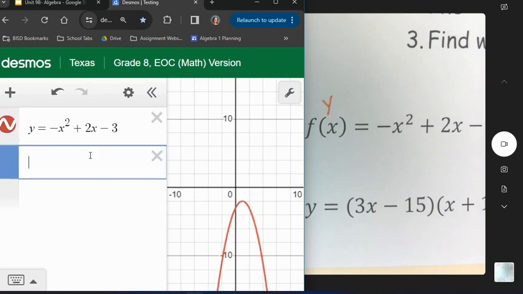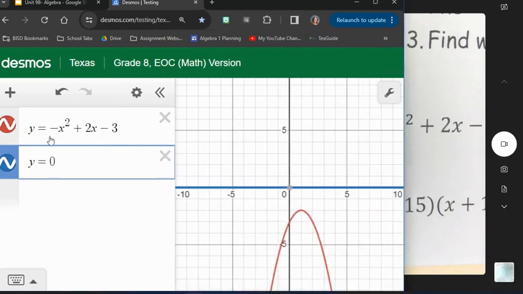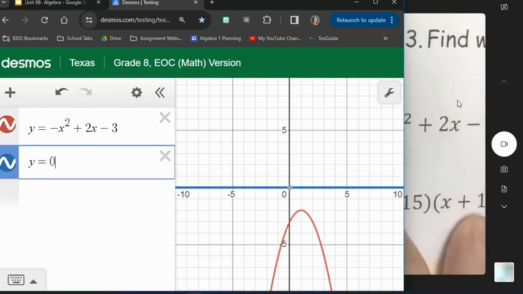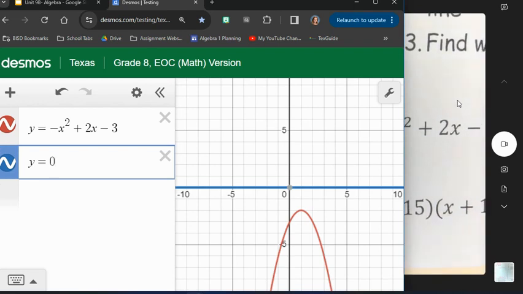And then on the second line, type in y equals 0. So it shows that the red one is the parabola and y equals 0 is the x-axis. So now you can clearly see where the x-axis is. Do they intersect at all? No. So we have a no solution here. So you can put a 0 with a slash, or you can write none. Because we're saying, where does it cross the x-axis? What are the zeros? There are none.